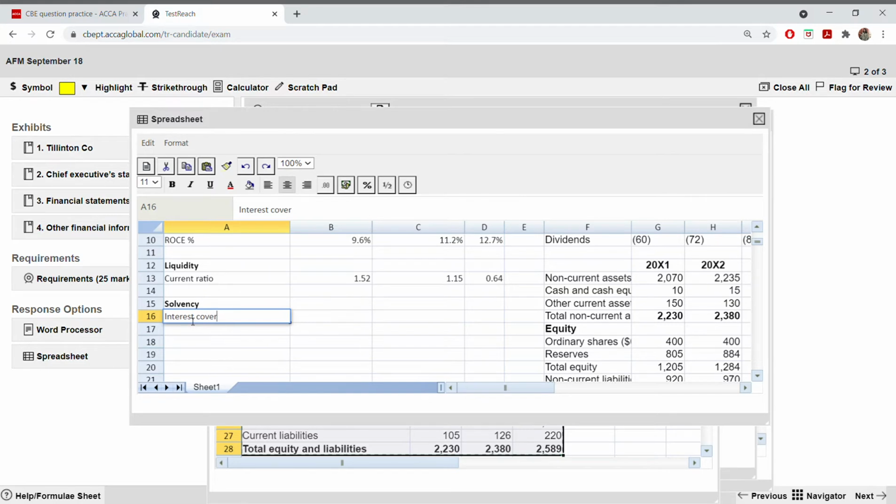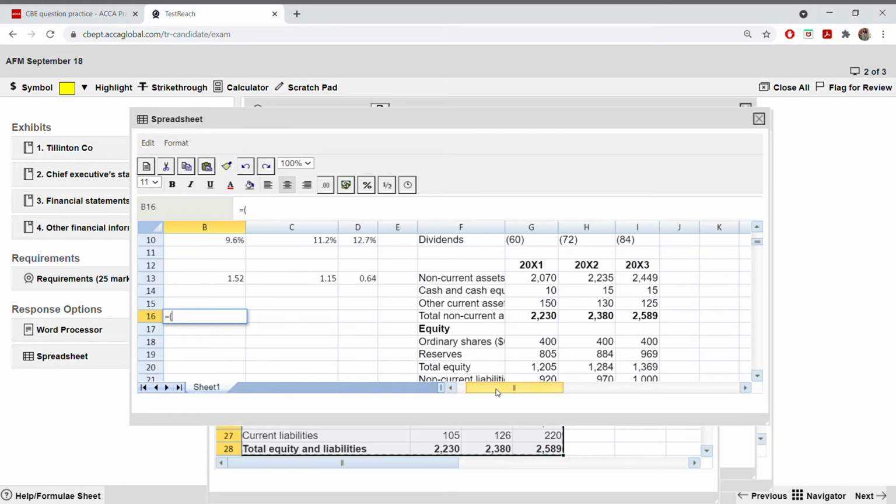What is the formula for the interest cover? In the formula sheet you will not get the formula for the interest cover. What is the formula for the interest cover? It is profit before interest and tax, or profit after tax, divided by interest.